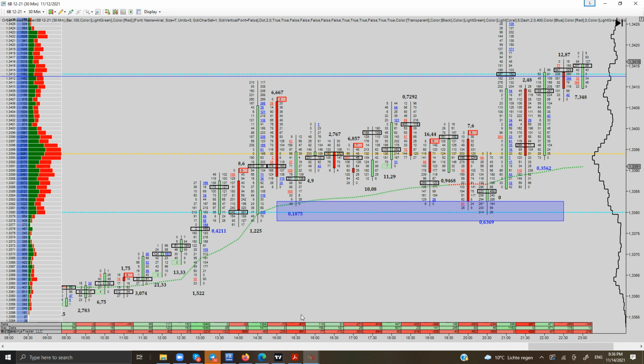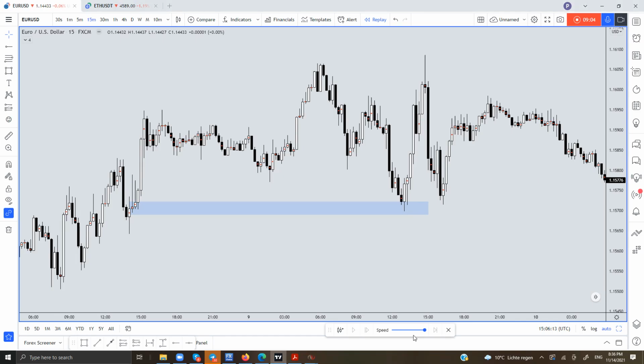Okay, one more thing I wanted to say about the timing. This is a Euro USD buy setup that happened last week only. But remember, first of all, see, this is a very good zone. Why is this a very good zone? Because if you know supply demand or order blocks, then you know this is a very good demand.